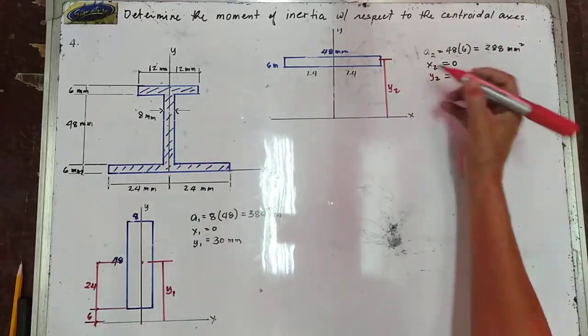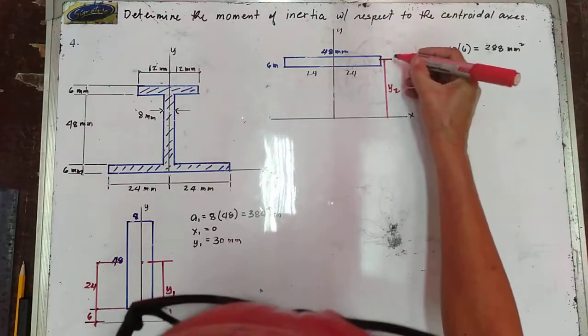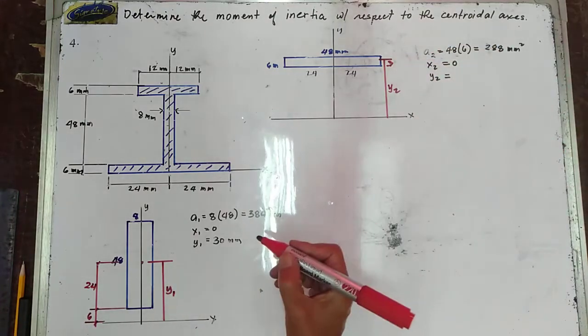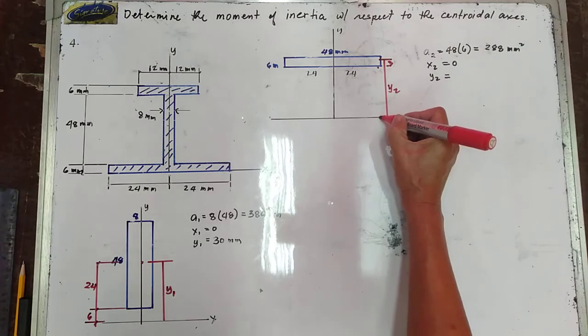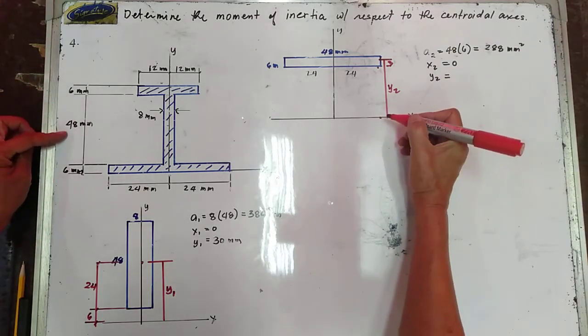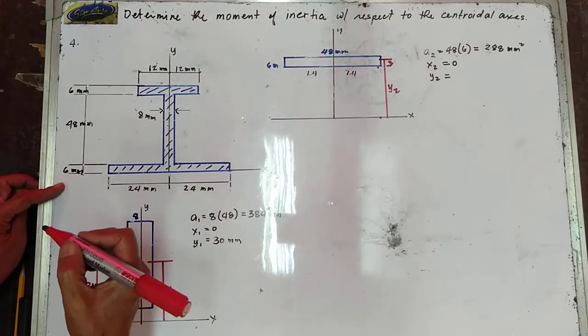Of course from the centroid, this one is equal to 3 millimeter, and this one up to this point is equal to 48, and that one is 6. So 48 plus 6.